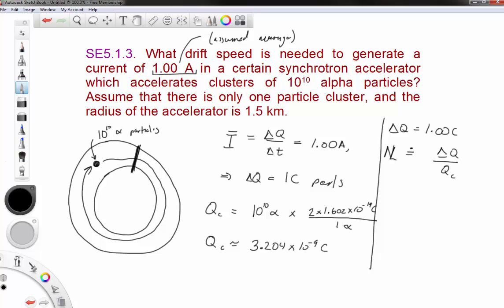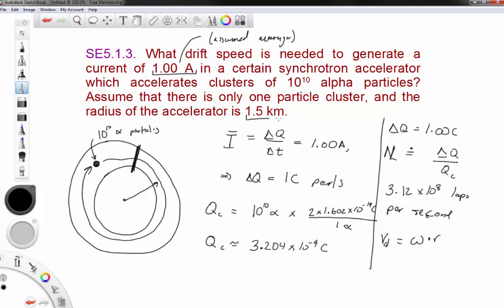So what does this look like? Well, this is basically 3.12 times 10 to the 8 laps, and this has to happen per second. So the drift speed itself, Vd, you can basically use a tangential speed. And the tangential speed, you'll recall, is given by omega times r, where r was given in the problem.